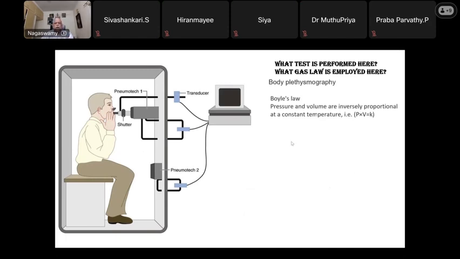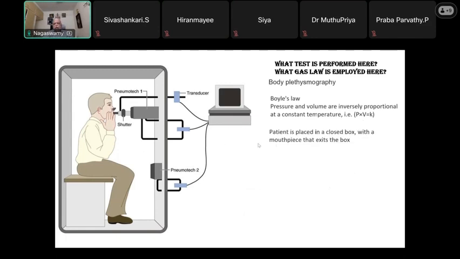What are the three basic gas laws? Boyle's law, Charles law, and Gay-Lussac's law. Whatever you have studied in school, you have to recall when you study the respiratory system. Boyle's law: pressure and volume are inversely proportional at a constant temperature.